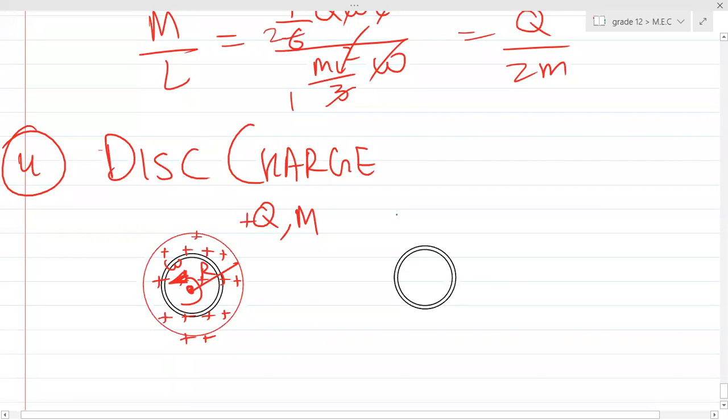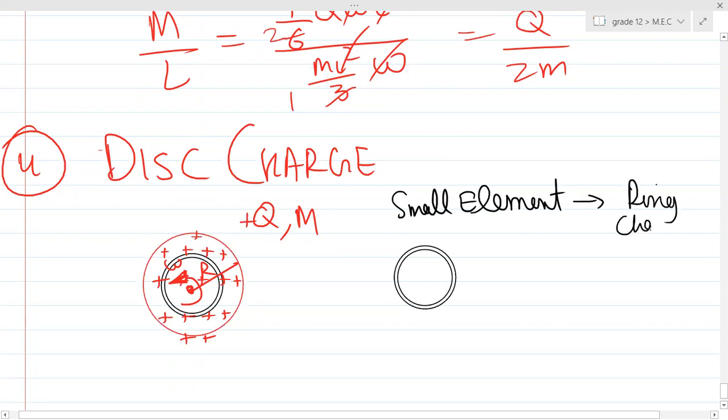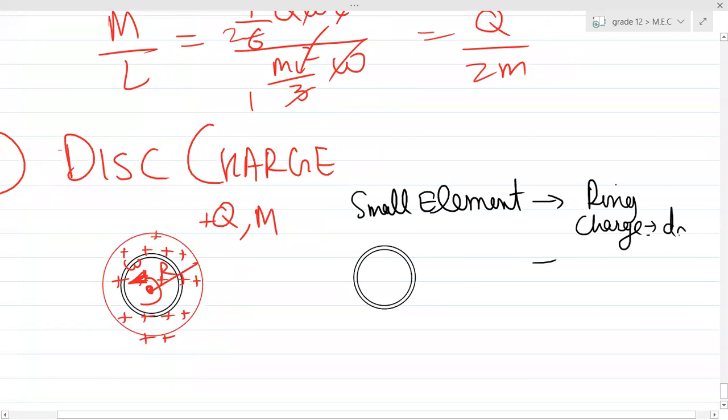So now, here in this case, there is a small element which is basically a ring charge. Ring with charge how much? The charge should be dq, and what shall be the radius? From the center, let us assume a small element at a distance x.